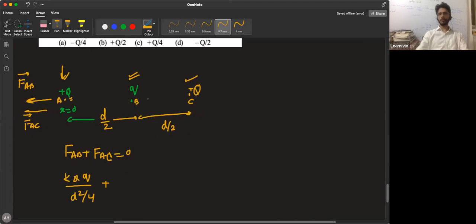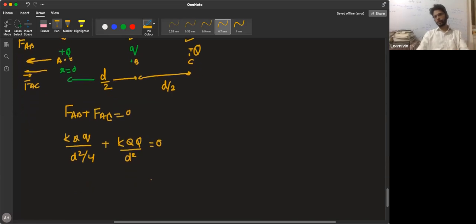And how much this FAC will be? So K Q capital Q by d square by 4. Right, R will be d.